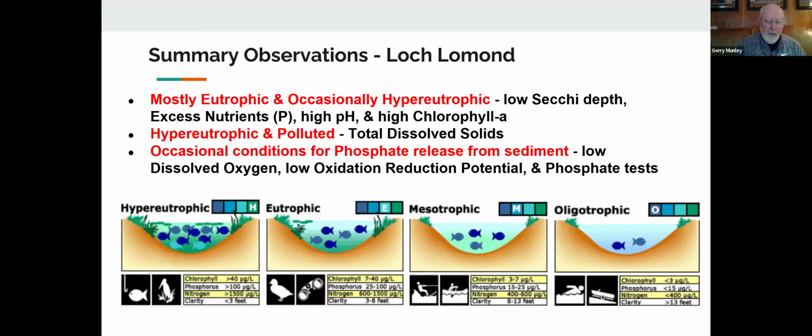And looking at the four images at the bottom that I stole from somewhere that I really like, Loch Lomond is biologically productive, and we're just a better place for plants and fish than for swimming and boating. Although we're trying as a lake committee to look for functional balance among environmentally appropriate strategies, improving aesthetics, and supporting recreational uses. And that is a lot easier to say and write than to accomplish. Next slide.